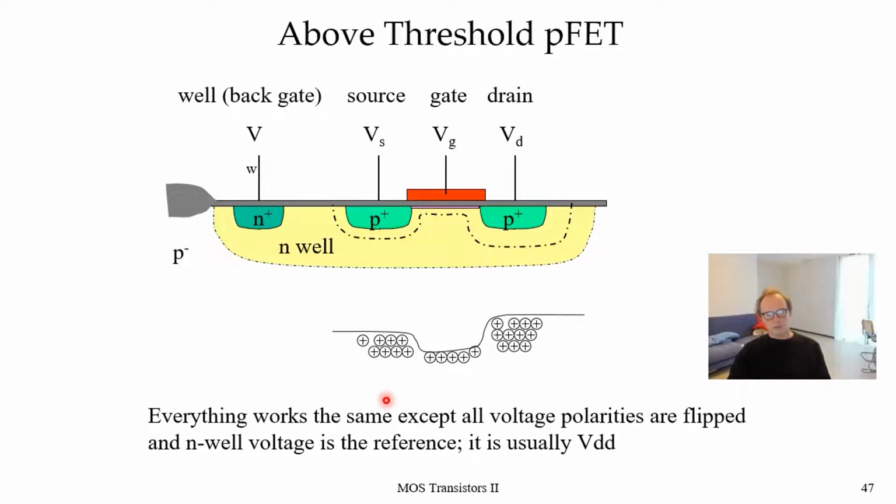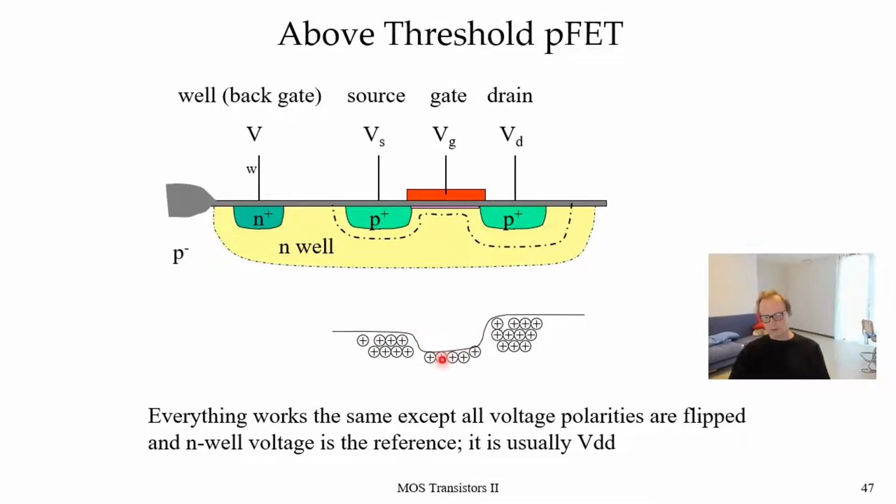Okay, so what about above threshold PFET? You have the same situation here, except that the PFET has P source and drain regions sitting in an N well. And the carriers are holes, which in this case bubble up under the barrier from the source to the drain end.